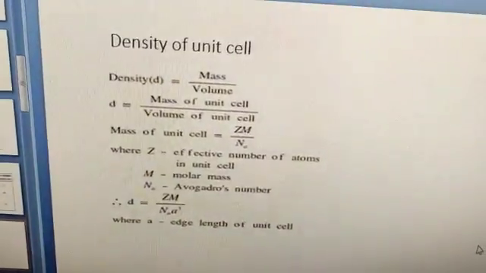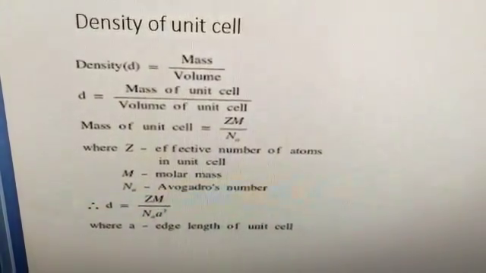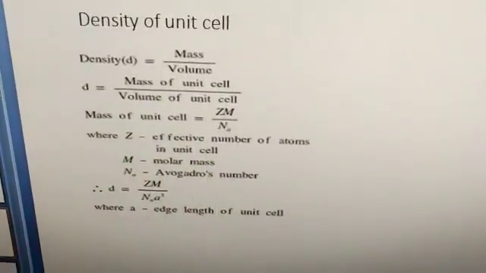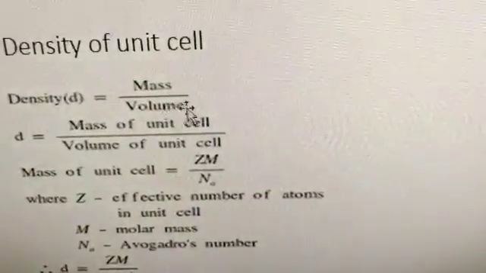Right. Now you can see the density of this unit cell. The density is simply given by the formula mass upon volume.